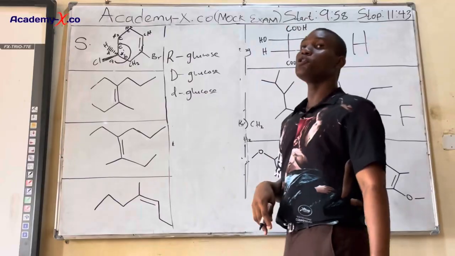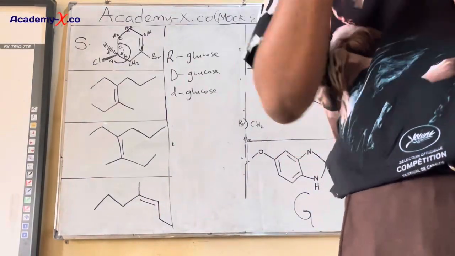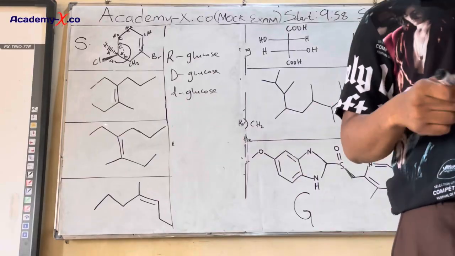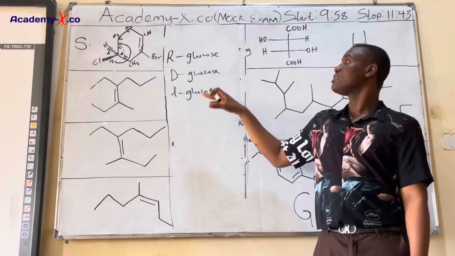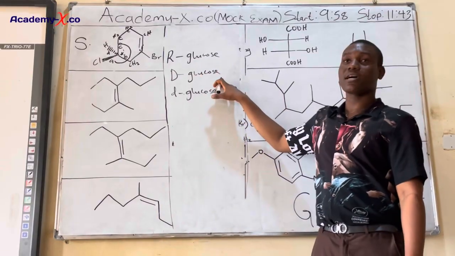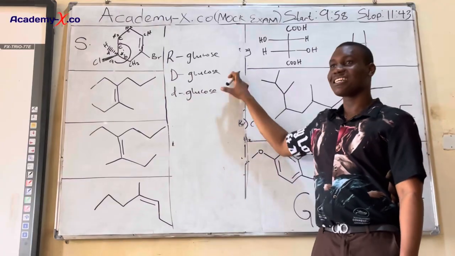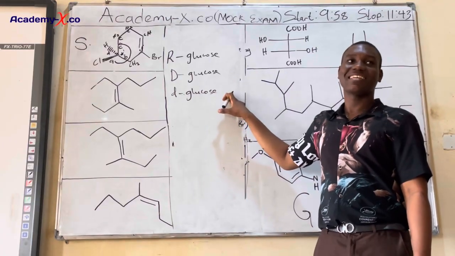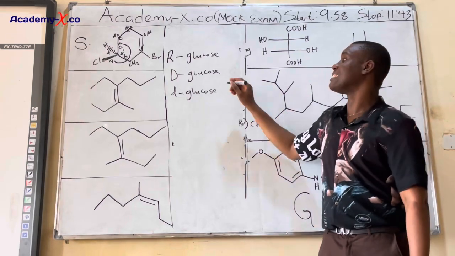Which one should you be very, very sure that this is rotating to the right? Is it this one? Is it this one? Or is it this one? Okay, let's see. The last one. Stop by saying the second one. The correct answer is the last one.